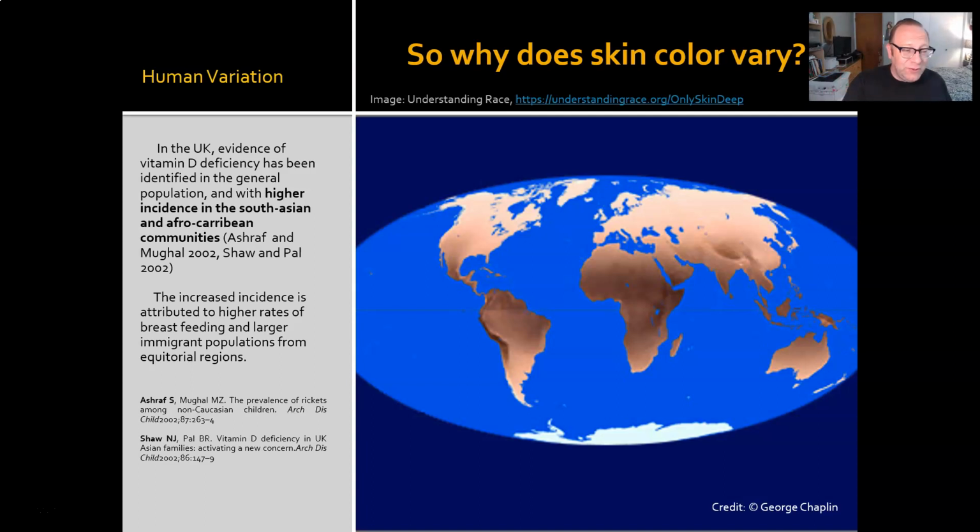That increased incidence came about because at about the same time, the National Health Service, the NHS, had decided to adopt a breast-first, breast-only breastfeeding position when it came to newborns.